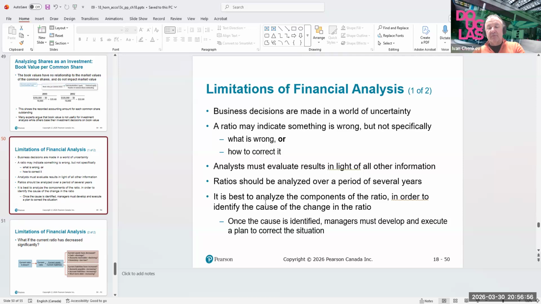The other thing you have to understand is that nothing is certain. There are so many unknowns. Everything can go wrong. With the ratio, you may find signs that something is wrong, but what exactly is wrong, it doesn't specifically answer that question.